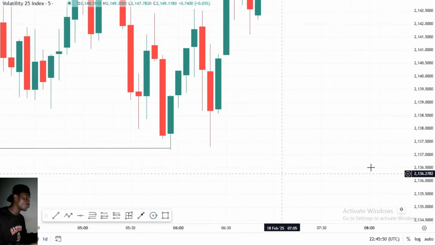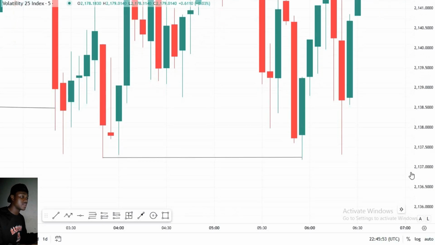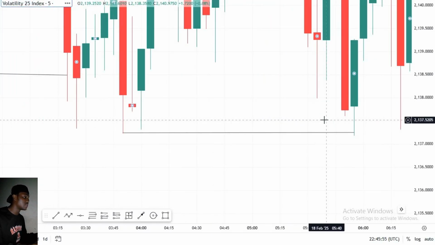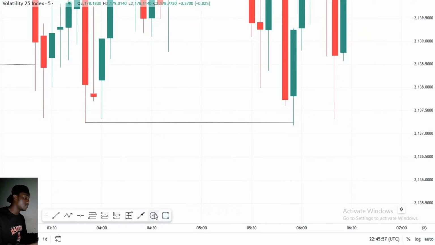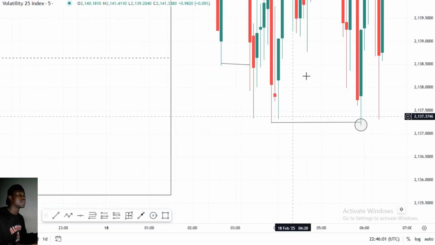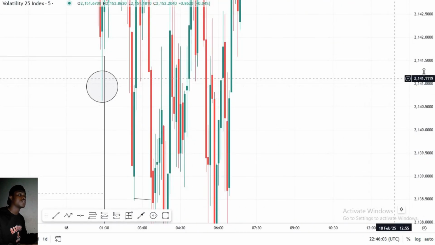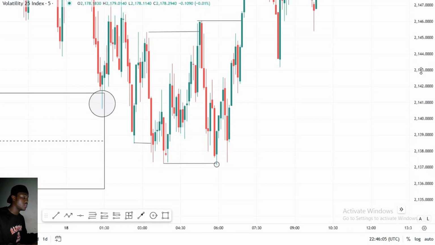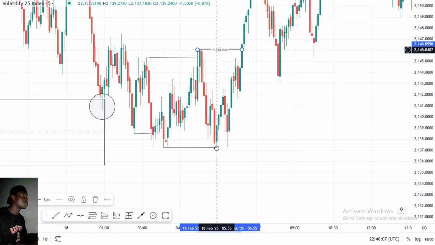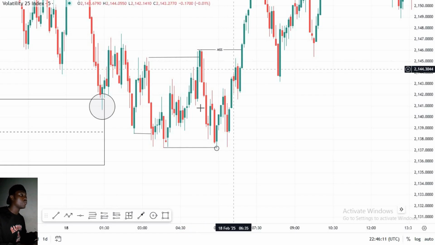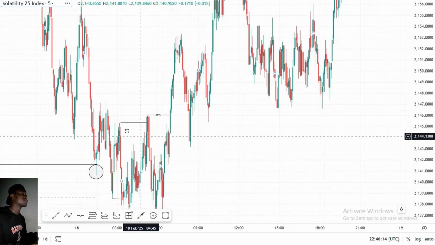As you can see, if I zoom in, it grabbed the liquidity a little. If you have stop losses right here, it comes and grabs them, then what? It shifted the structure. Now we are in a bullish market structure.